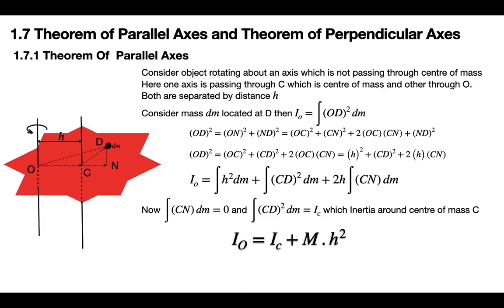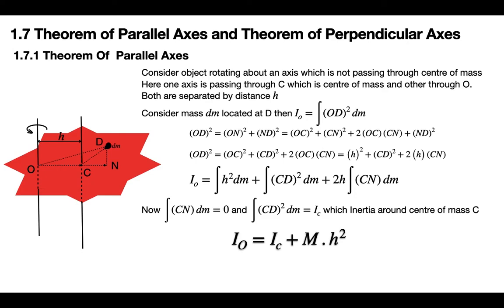Then you just have to multiply its mass by the distance between the two axes, which is h, and add that to the moment of inertia. Then you get the moment of inertia of the object around any other axis which is parallel to the axis passing through the center of mass. So IO is equal to IC plus mh square.